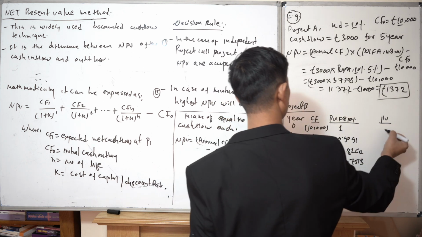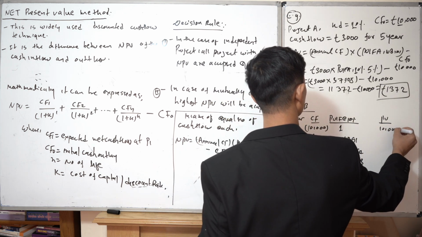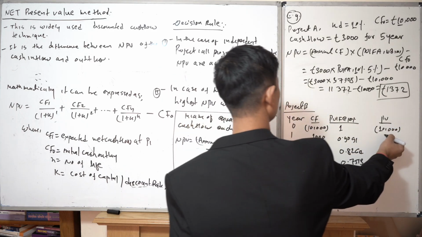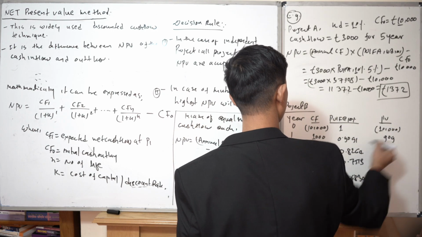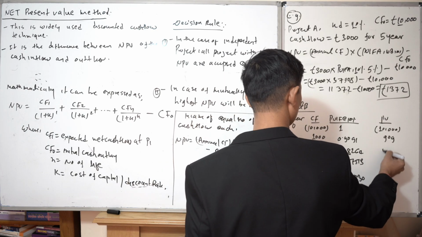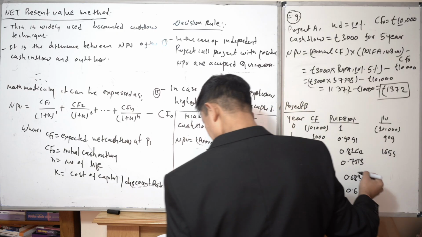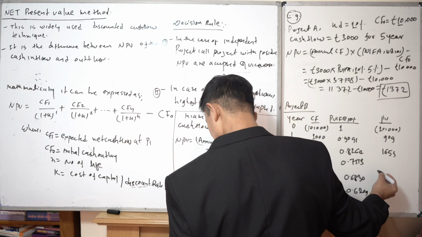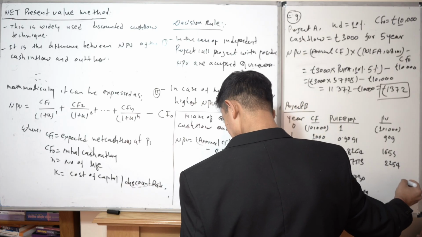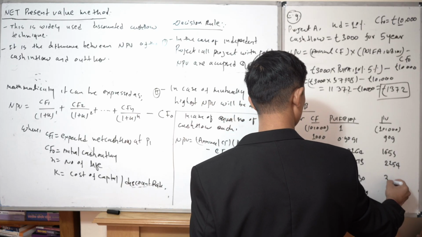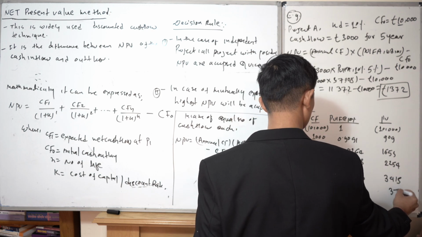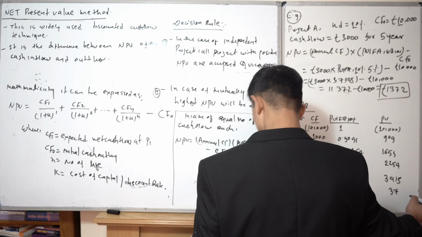Now let's find out the present value. Minus 10,000 multiplied by 1 is minus 10,000. Multiply 1,000 by 0.91, we get 909. 2,000 by 0.82, we get 1653. Then this one we get 2254. In year 4 we get 3415. In year 5 we get 3725.